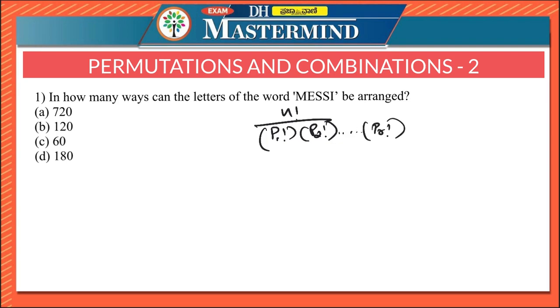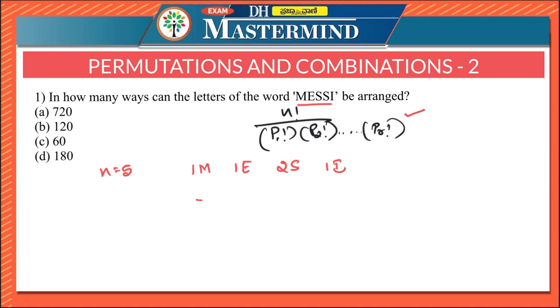The word messy has 5 letters, therefore n equals 5, and it has 1 M, 1 E, 2 S and 1 Y.